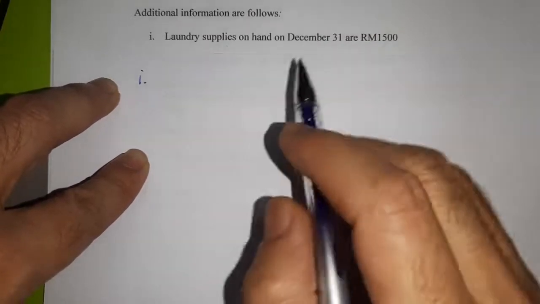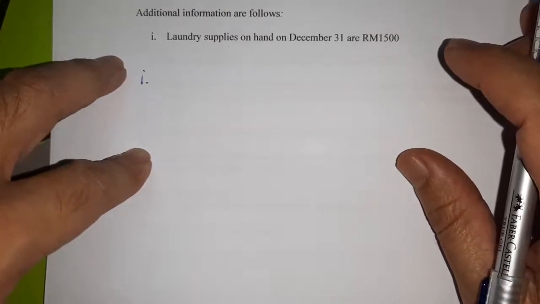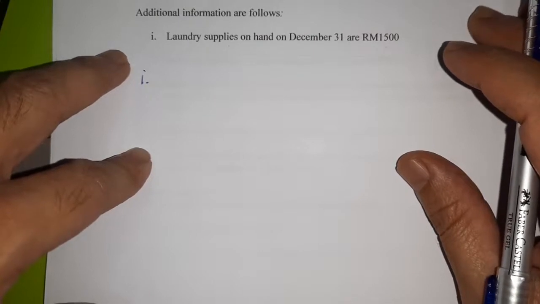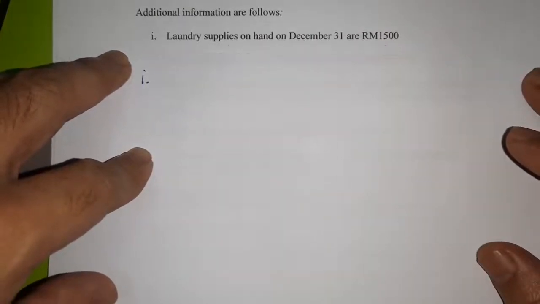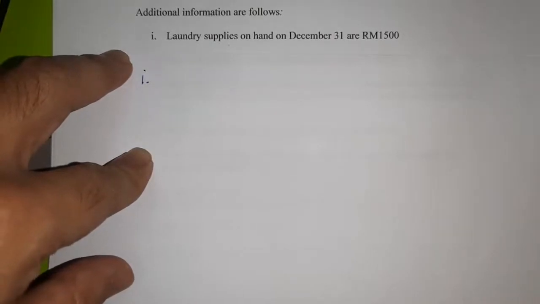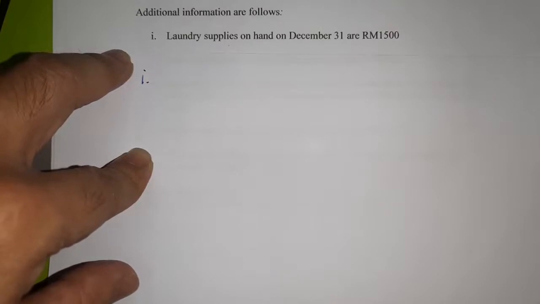So for supplies, supplies is an asset. One thing about supplies is when a business has supplies, the supplies are assets. But when the business uses the supplies, it becomes an expense.